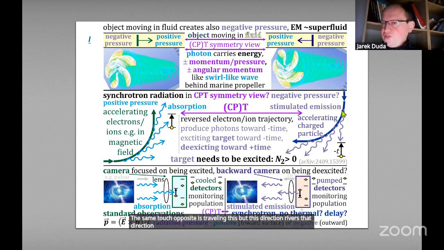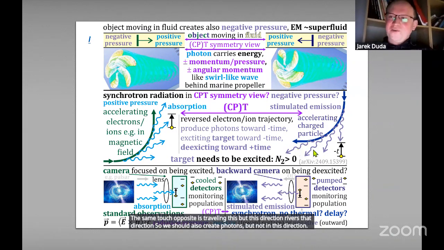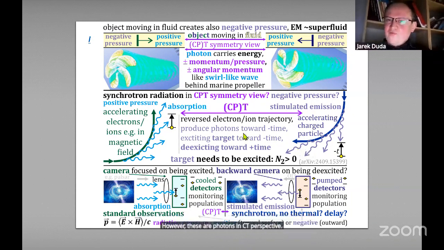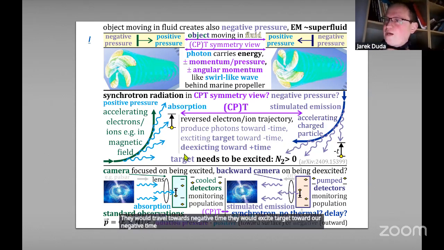So it should also create photons, but now in this direction. However, these are photons in the CPT perspective. So from our perspective, they would travel toward negative time. They would excite the target toward our negative time. So for us, they should de-excite the target. Yeah, so they should cause the excitation of our target.